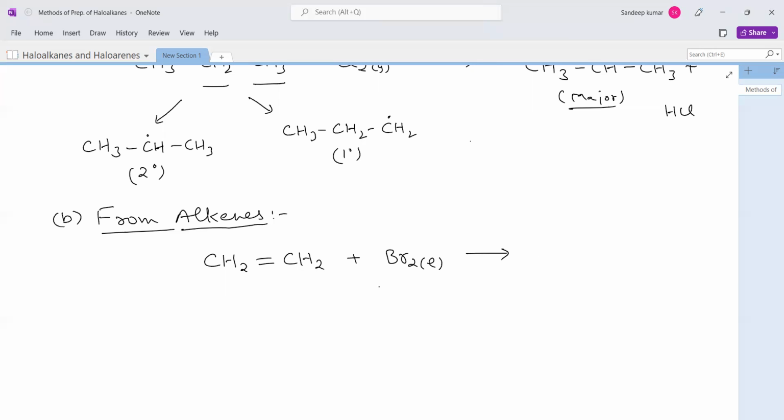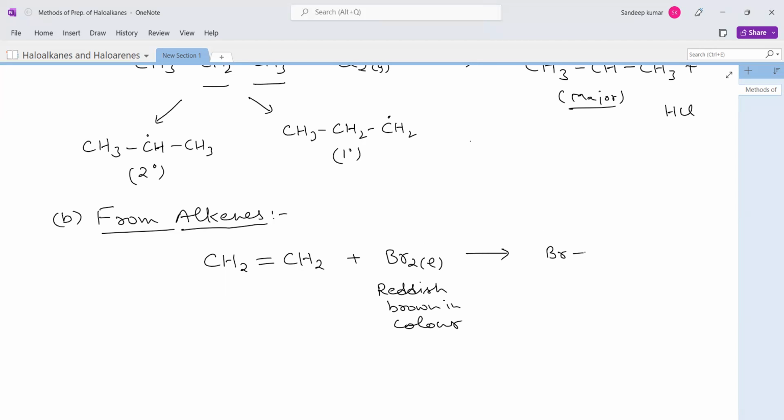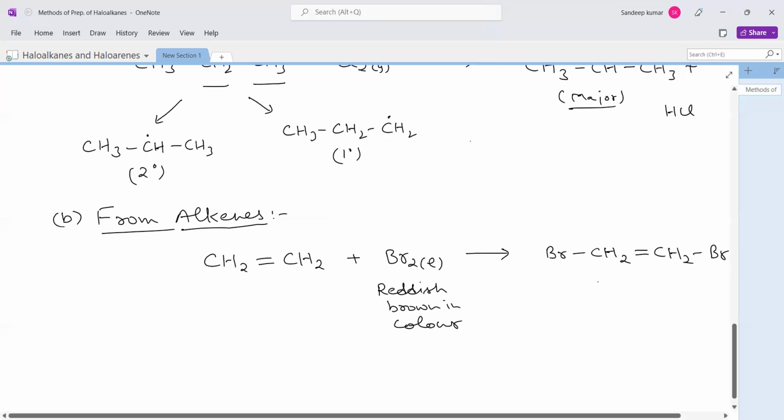This bromine is reddish brown in color, and its color gets discharged, it becomes colorless, when it is added to an alkene or unsaturated hydrocarbon having multiple bonds in it. So the compound formed is colorless.